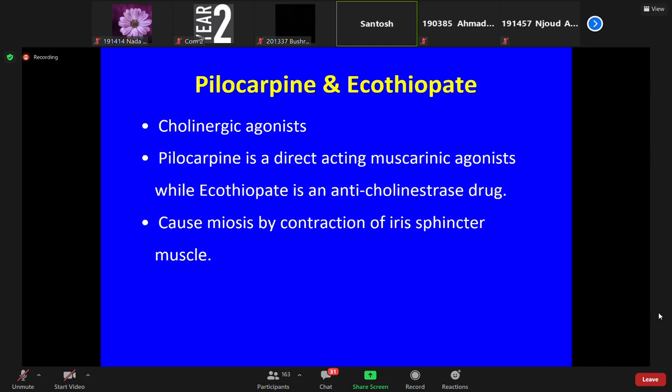Ecothiopate inhibits that enzyme, so the concentration of acetylcholine remains higher for a little more time than usual. So you have an enhanced acetylcholine effect, same as pilocarpine. So it's an indirect muscarinic agonist. It's not directly acting on the receptor, it's indirectly increasing the concentration of acetylcholine in the synaptic cleft. Is that clear? Yes, doctor. Thank you.